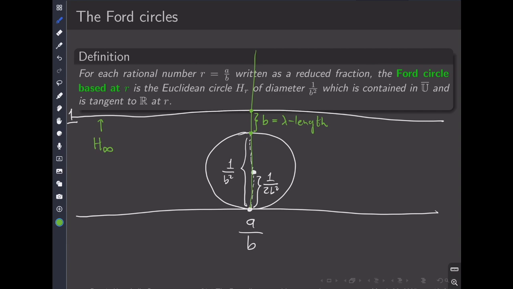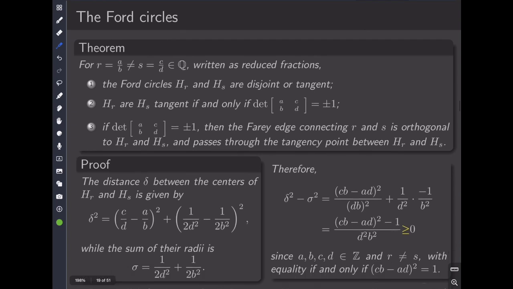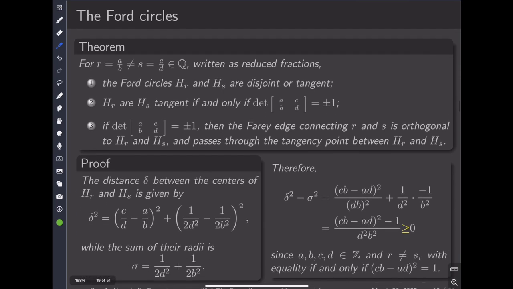Okay, so those are the Ford circles, and as you see, if I take an arbitrary rational number, it doesn't have to be tangent to this one at all. But some of them are, and this is a quite beautiful result.